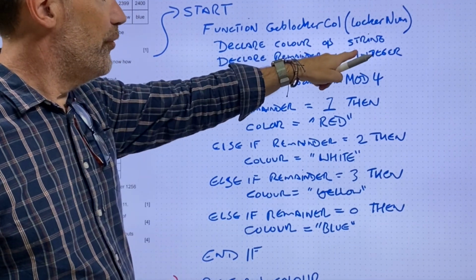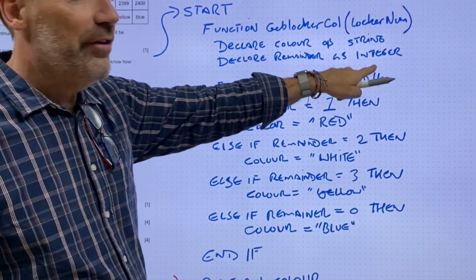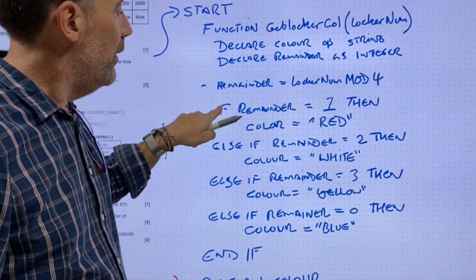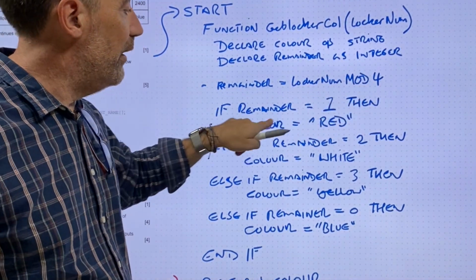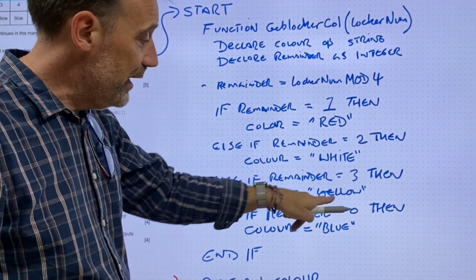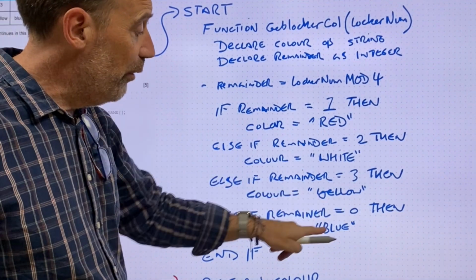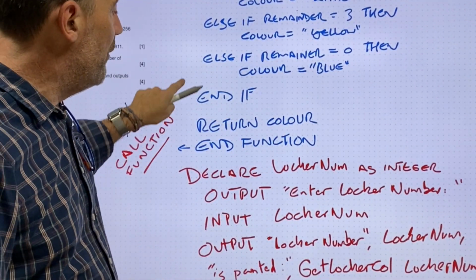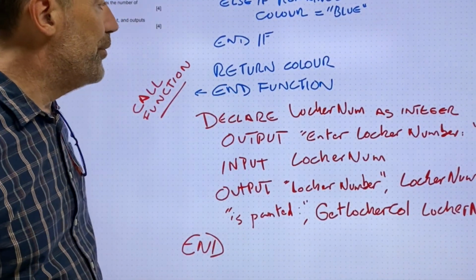Declare the colour as a string. Declare the remainder as an integer. Remainder equals locker num mod 4. If the remainder equals 1, then the colour equals red. If it's 2, equals white. If it's 3, yellow. If it's remainder 0, it would be blue. I end the if, I return the colour, and I end the function.